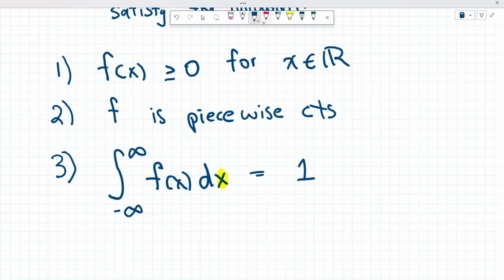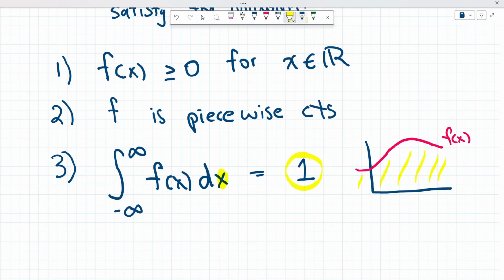However, here, since we have continuous random variables, we're dealing with an integration because we want to know the area under the curve. So if we have our PDF over here, let's say this is our f of x, that means that the whole area under the curve of the function has to equal 1. Okay, so that is kind of how we're representing the probability there.